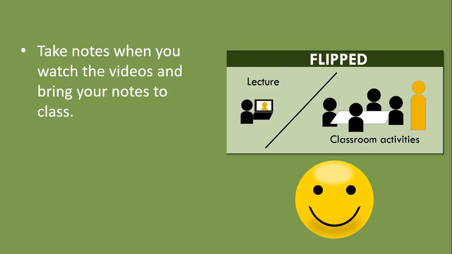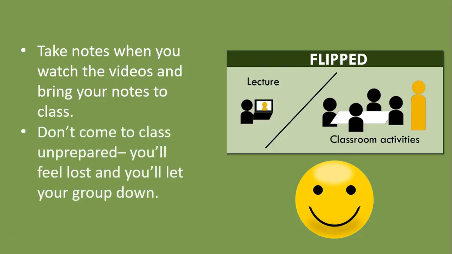And you need to bring those notes with you to class when we're practicing those skills. The second thing they've told me is you shouldn't come to class unprepared, because if you do, you're going to feel really lost, and your group that you're working with is going to feel a little bit let down because you're not going to be able to contribute. Remember, with group work, you're learning from the other members of your group, but they're also learning from you.